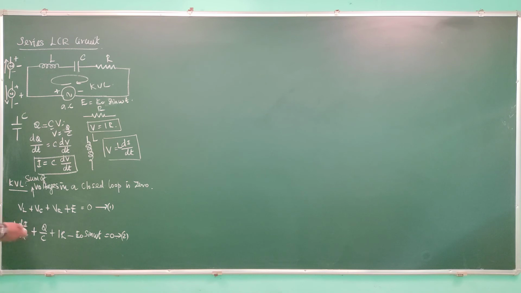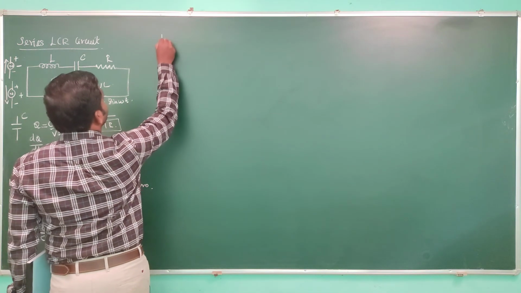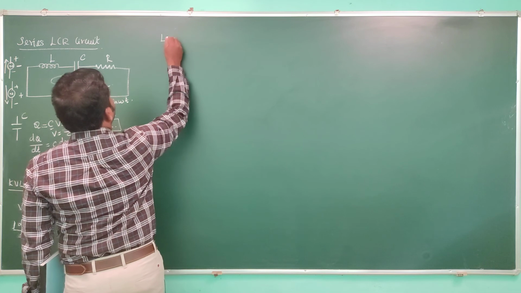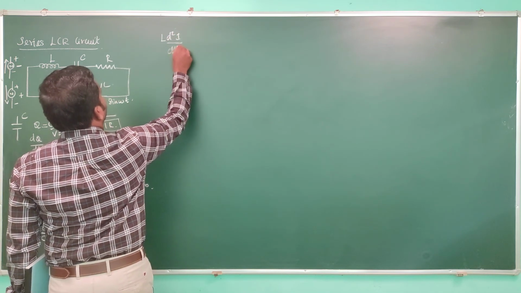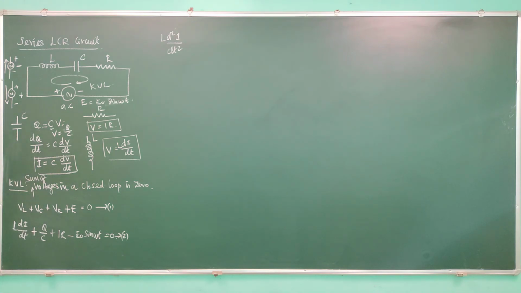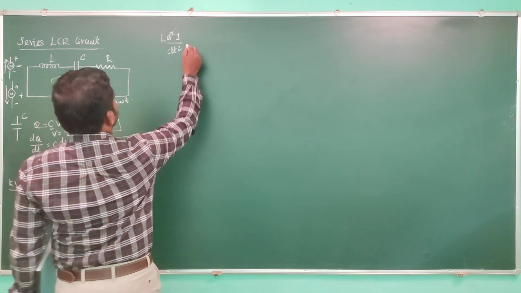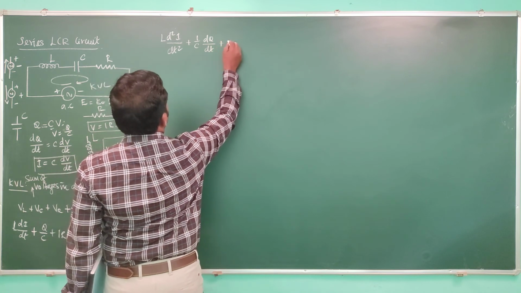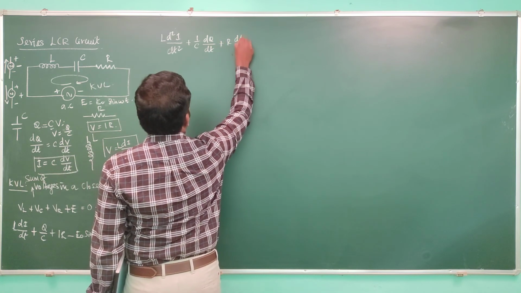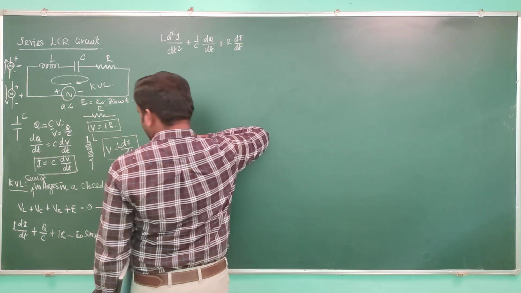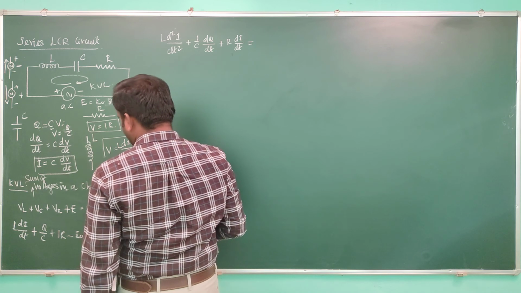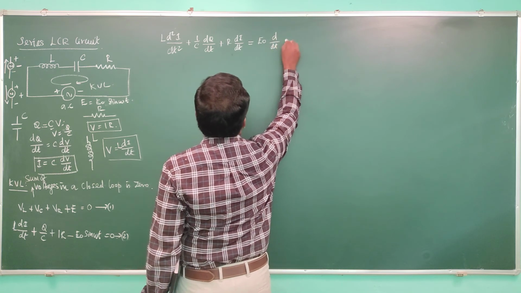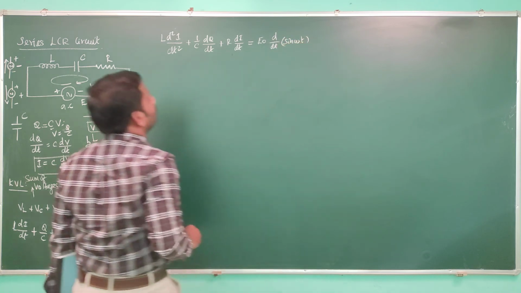You have to differentiate one more time with respect to t, so this becomes L d square I by dt square plus 1 over C dq by dt plus R into di by dt, and on the right hand side E naught d by dt of sin omega t.